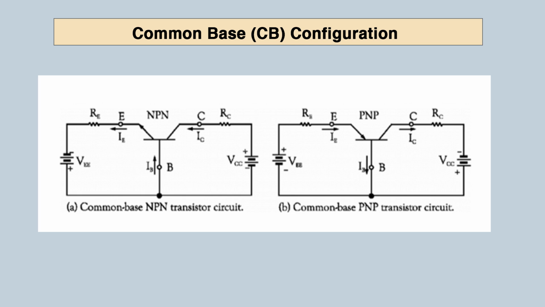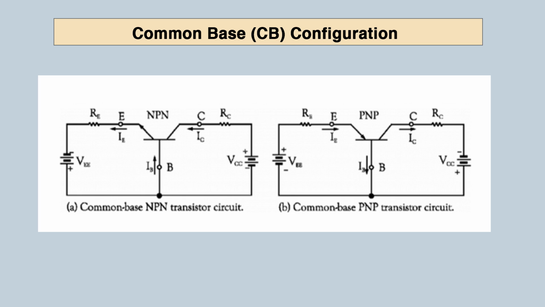Hence, it is known as common base configuration. Here we can see two figures. The first one is the circuit for a common base configuration using an NPN transistor, while the second one is a common base configuration for a PNP transistor.